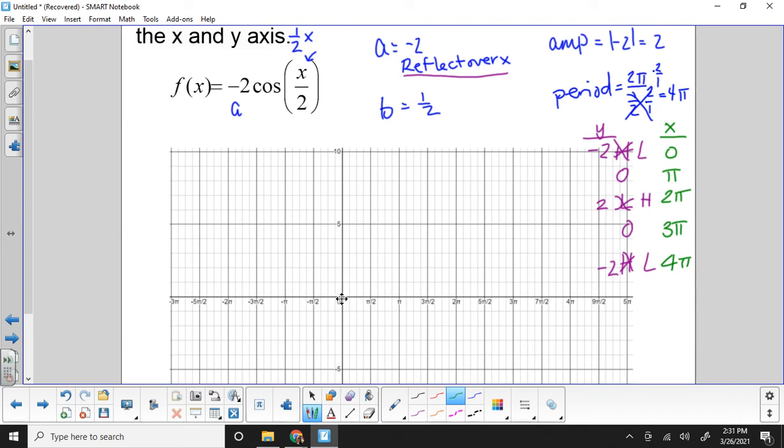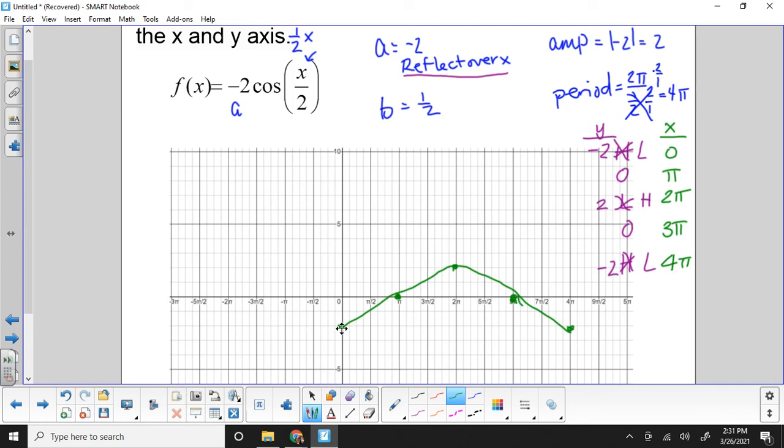So at 0, I'm going to start at -2. At pi, I'm at 0. At 2 pi, I'm at 2. At 3 pi, I'm at 0. And at 4 pi, I'm at -2. Graphing this, my scale's a little stretched, so you might go, does that really look like cosine?